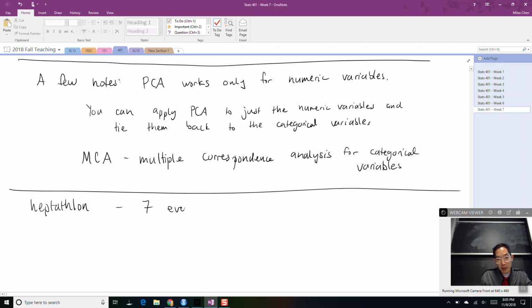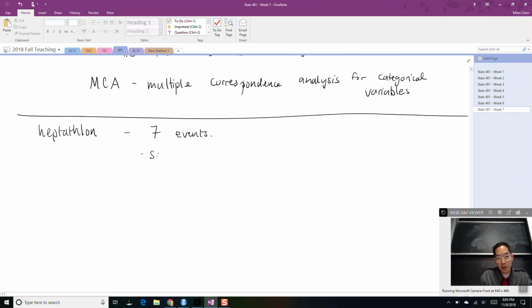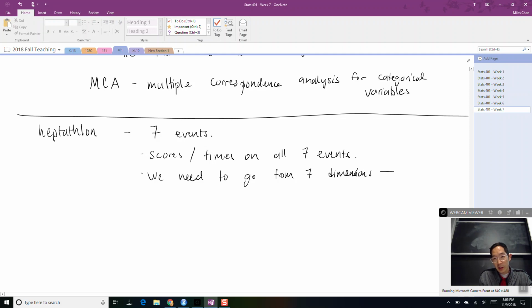Okay, we have 7 events, and we get scores and times on all 7 events, and we need to go from 7 dimensions down to 1 dimension, and maintain the structure in the data that differentiates a strong athlete from a weak athlete.